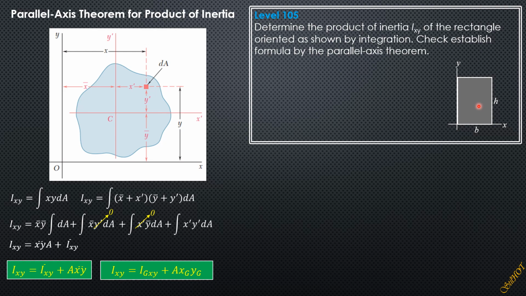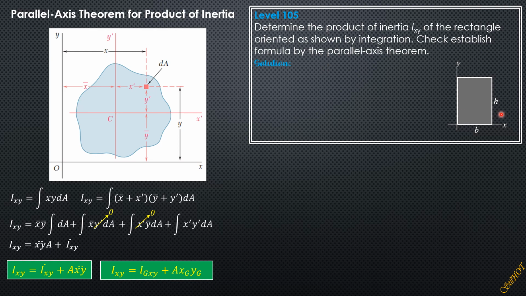Unlike moment of inertia, where the moment of inertia with respect to the base is bh cubed over 3 whether it is oriented in the second quadrant, or below the x-axis in the third or fourth quadrant, always bh cubed over 3, for product of inertia it would change as presented here.